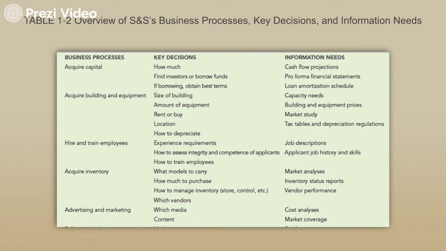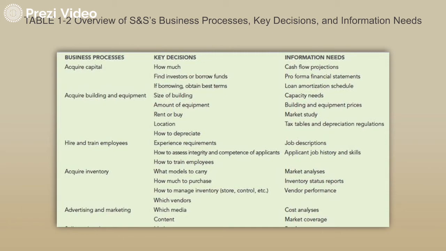For them to make those decisions, they need information. So they list all the information needed based on the key decisions. For example, they need information about the job description, and then information about the job history and skills of the applicants. Those are examples.